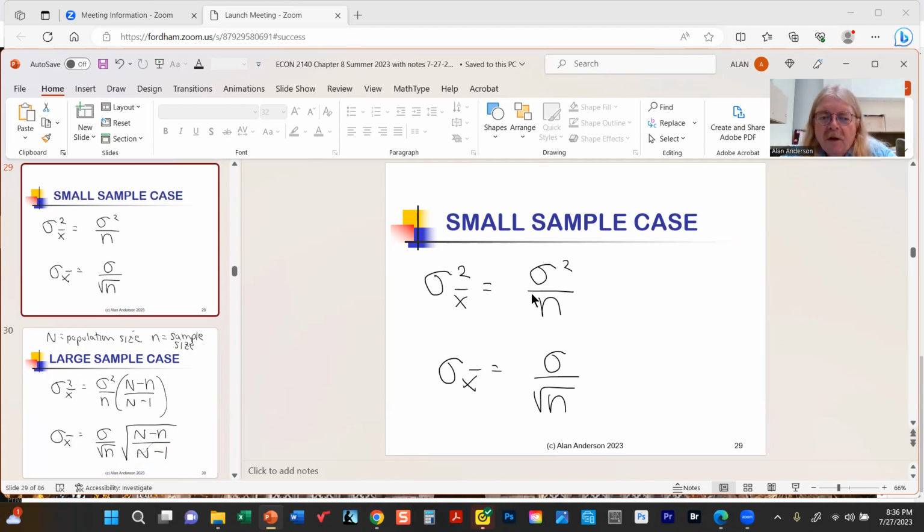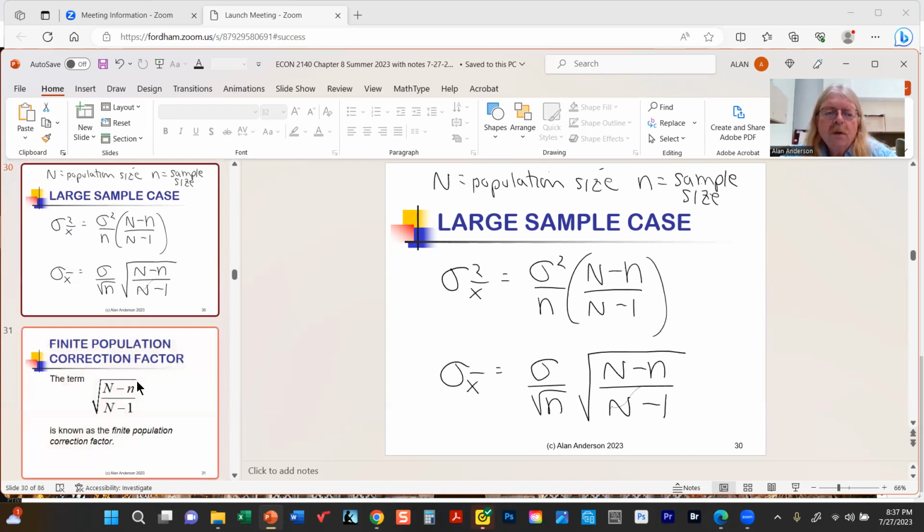Now, what about the large sample case? Well, with the large sample case, that reduces the variance of X bar from one sample to the next. So we have to adjust these formulas to reduce them a little bit, not a huge amount, but enough to make it important. And so this is what the results look like with a large sample. For the variance, we have this term (N minus n) over (N minus 1).